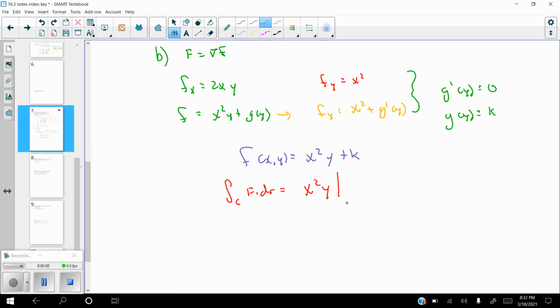So we started at (1, 2), and we finished at (3, 2). So we'll plug that stuff in. If we plug in 3 for x, that's 9 times 2 is 18, minus, plugging a 1 in for x, that's 1 times 2 is 2. So we get 16. And that's it.